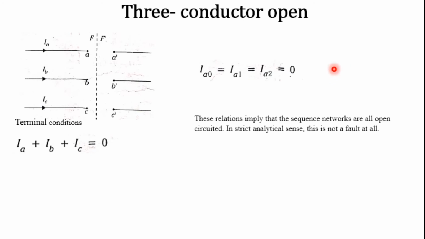These relations imply that the sequence networks are all open circuited. So in this aspect we can consider that there is no fault at all. This is the condition for the three conductor open type of fault.